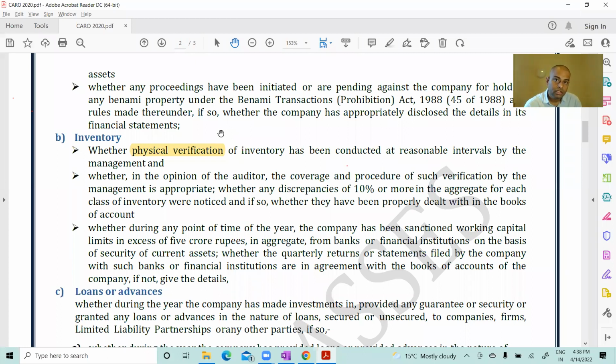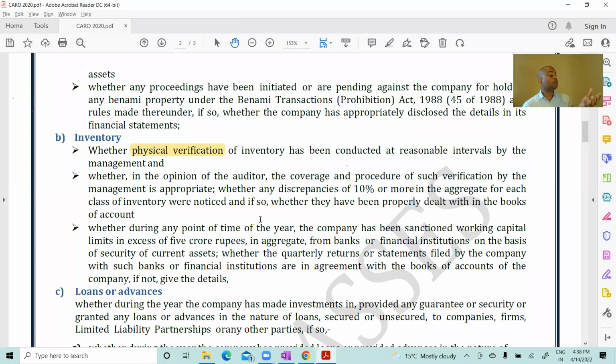Observe. So whether the management is carrying on physical verification at reasonable intervals, whether in the opinion of the auditor, the coverage, the procedures, that means the process, the manner in which the physical verification is done is appropriate or not. And if there are any discrepancies which are material, what is discrepancy?